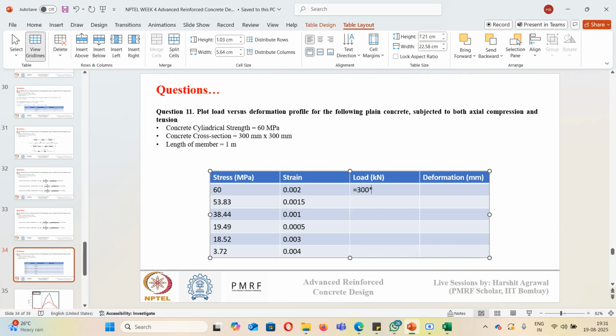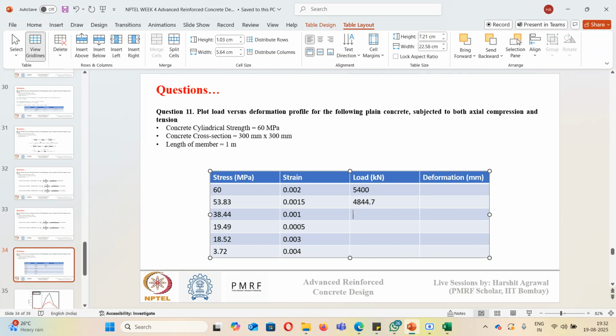So this is 300 times 300 times 60, and for converting Newton into kilonewton I will divide by 1000. When you do this calculation, it will come out to be 5400 here. For the second it will be 4844.7.